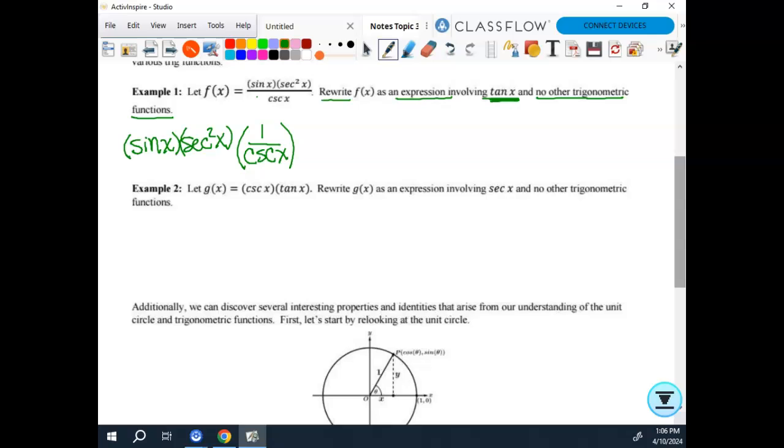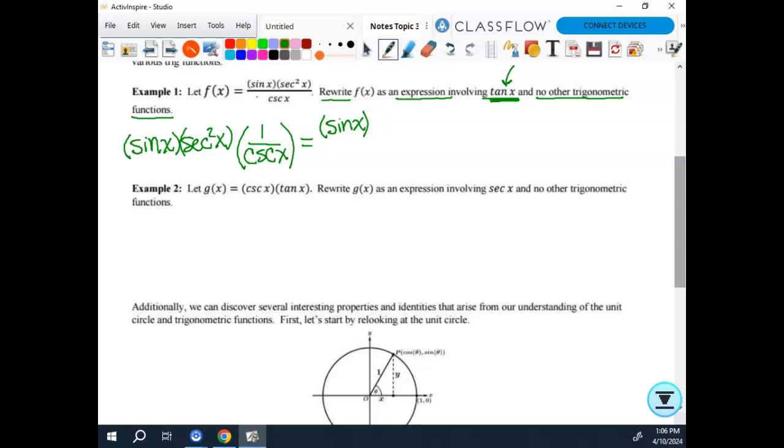Now, my goal is for it to be involving tangent and nothing else. And then I know tangent is either 1 over cotangent or sine over cosine. So I think the sine over cosine goal would sound better right now. And so I'm going to change all of these, if they need to be changed, into something that is either sine or cosine, which means this first one I'm going to leave alone. It's just sine of x.